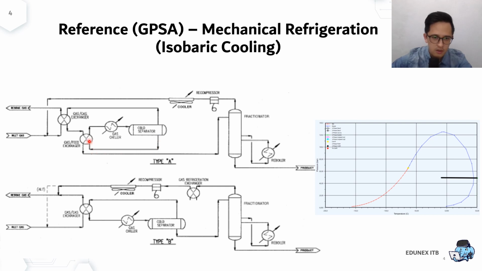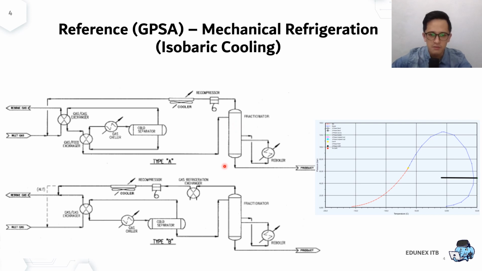And then it's preheated before it's sent to the fractionator, or we can also call it a condensate stabilizer column. Why? Because this stream is still unstabilized, it hasn't met the RVP of 12 psia, it still contains some light gas compounds.